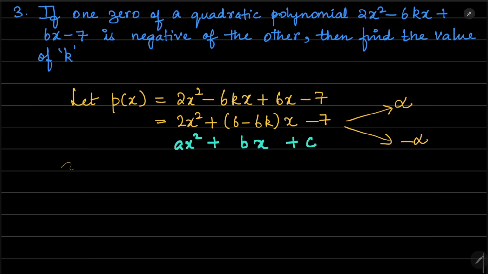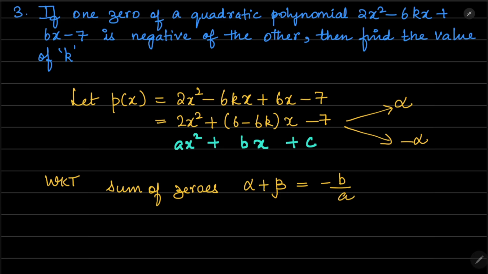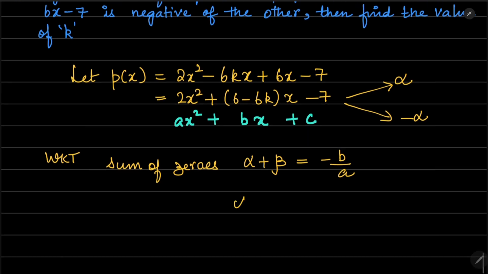So you should write, we know that the sum of the zeros, the formula is alpha plus beta equal to minus b by a. One zero is alpha, the other zero is minus alpha, equal to minus of, what is b here? 6 minus 6k, whole divided by a, which is 2.